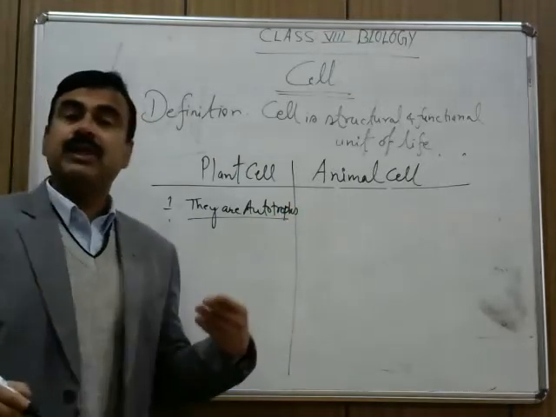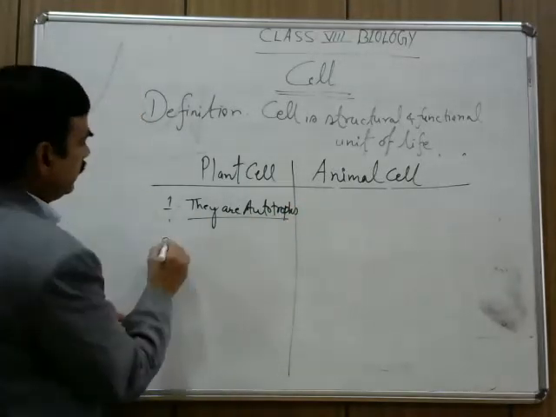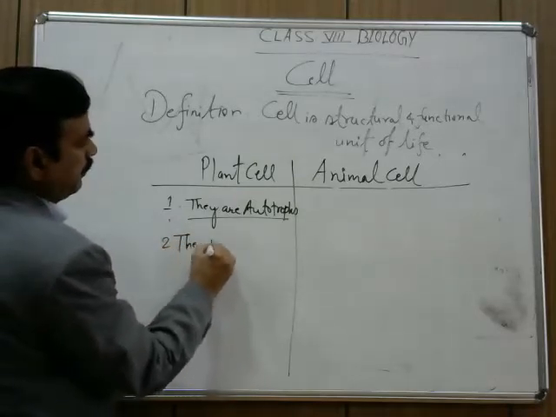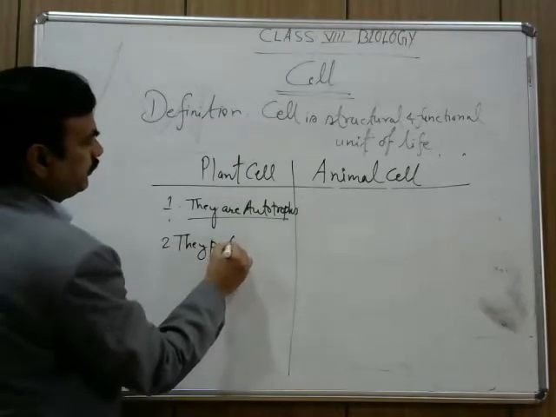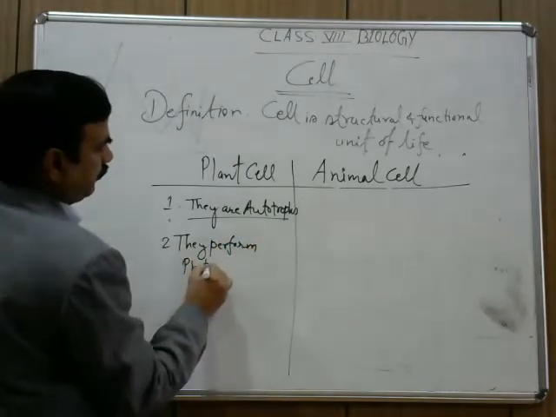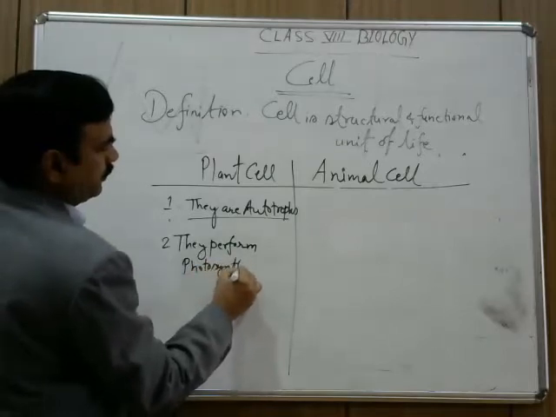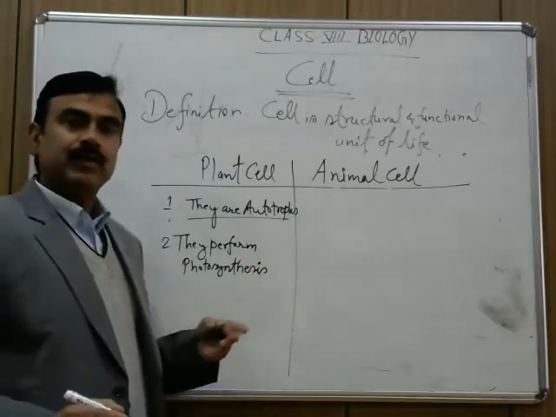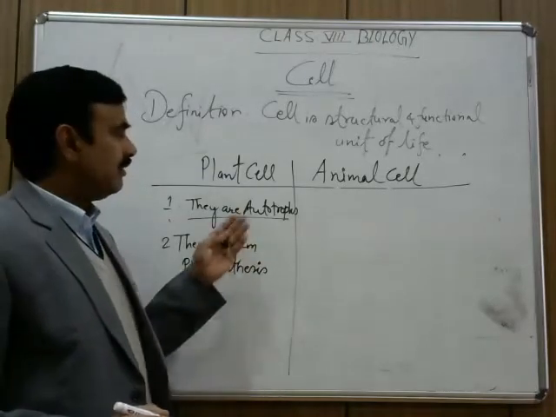They can produce their food. They perform photosynthesis. They can produce food. That is why they are called autotrophs.